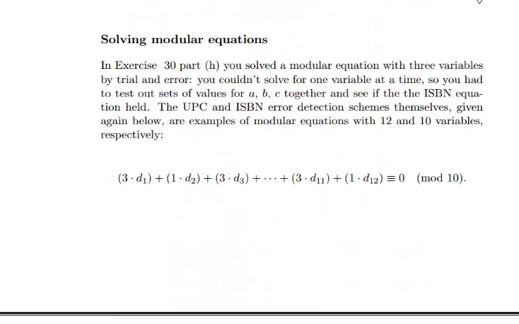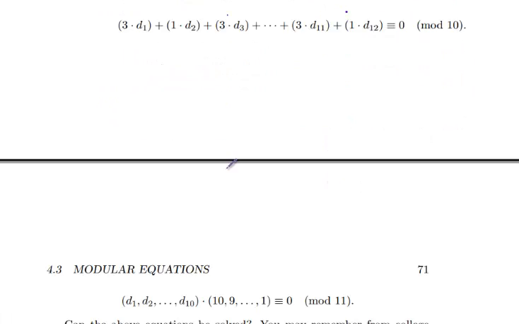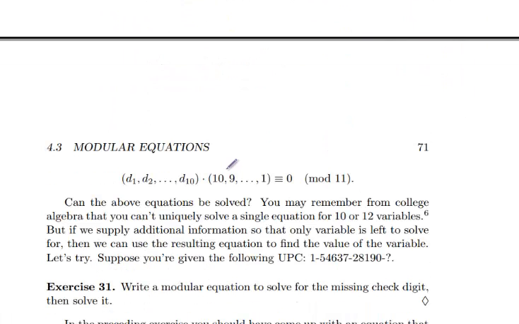So we get to solving modular equations. Now, in the case where we wanted to verify a valid UPC code, we had a modular equation like this. Notice we actually have 12 unknowns. So you certainly can't solve this uniquely for all 12 unknown digits, but if you know some of them, you can find the others.